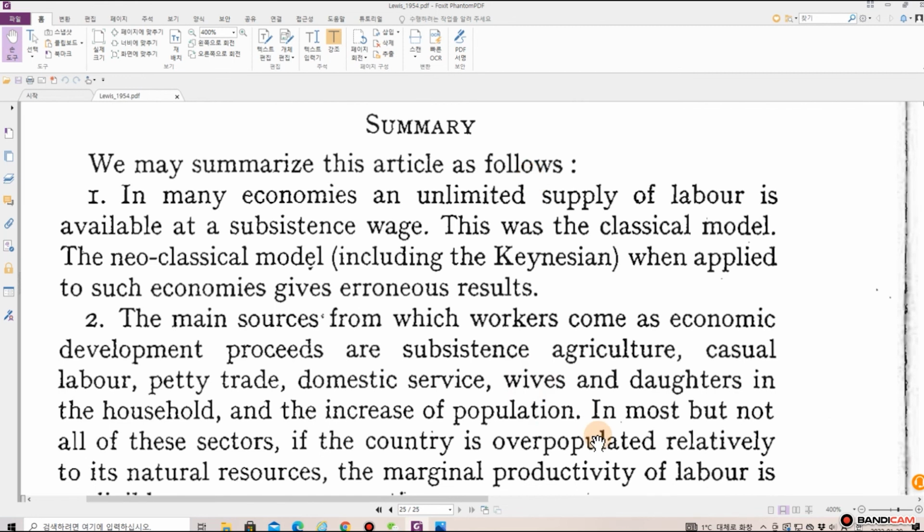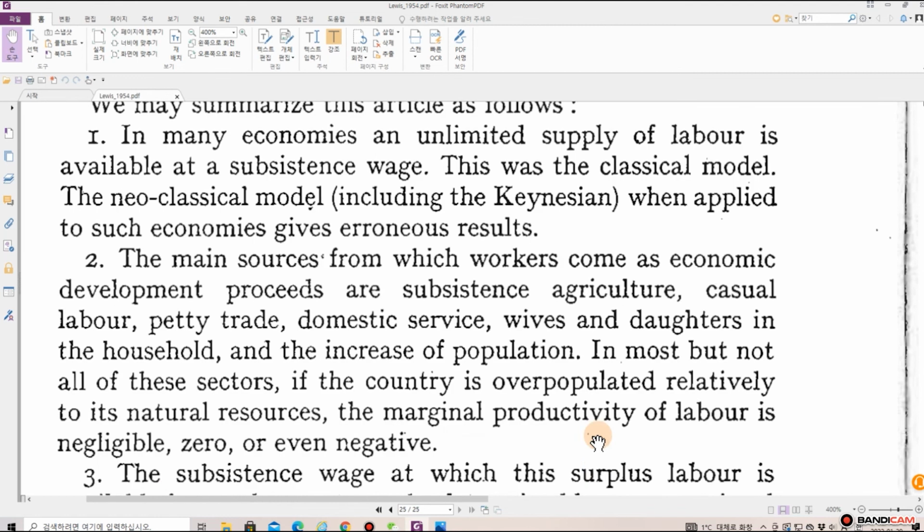We may summarize the article as follows. 1. In many economies, an unlimited supply of labor is available at a subsistence wage. This was the classical model. The neoclassical model, including the Keynesian, when applied to such economies, gives erroneous results.